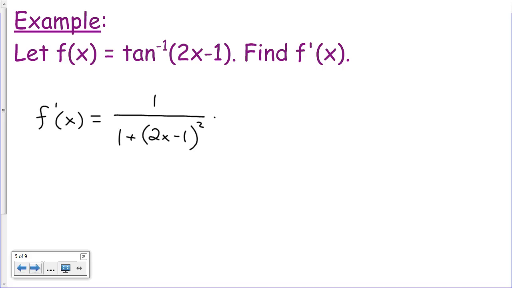Derivative of 2x minus 1 is just 2. So if you wanted to, you could put that 2 in the numerator and write that as 2 over 1 plus 2x minus 1 squared. If you wanted to, you could square that binomial in the denominator and rewrite that as well, but I would leave it just like that. There's our derivative of tangent inverse of 2x minus 1.